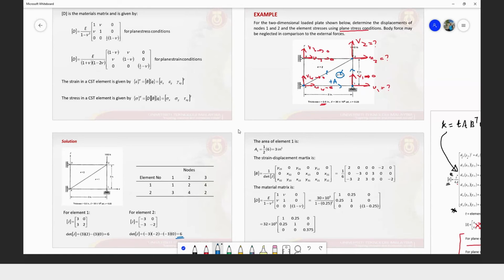All right. Now we would like to calculate the element stiffness matrix for element number 1. So what is K1, and what is the value for K2? The process for obtaining K1 and K2 is very similar. Because we have very limited time, we are not going to solve both of them.